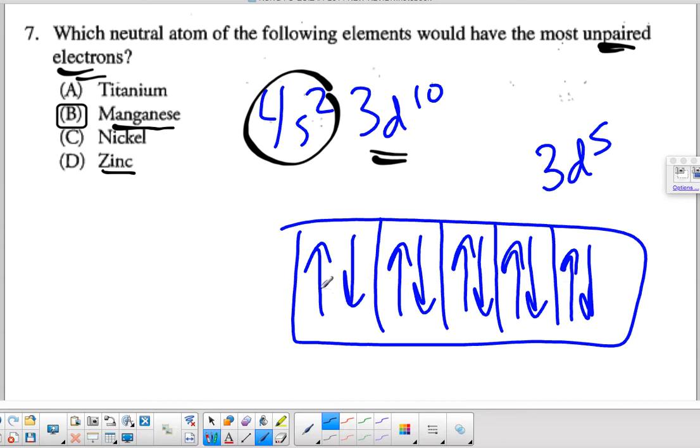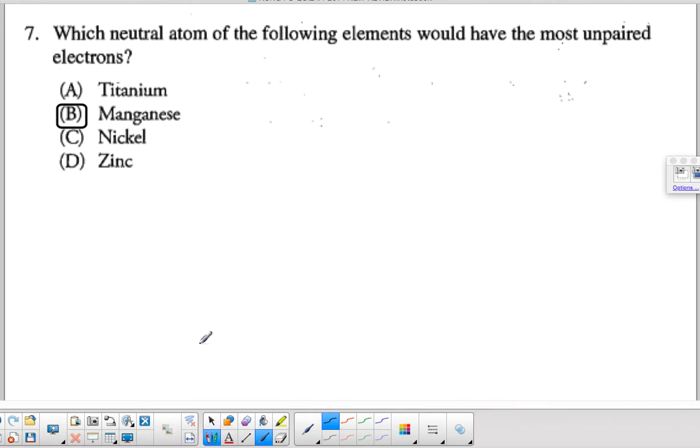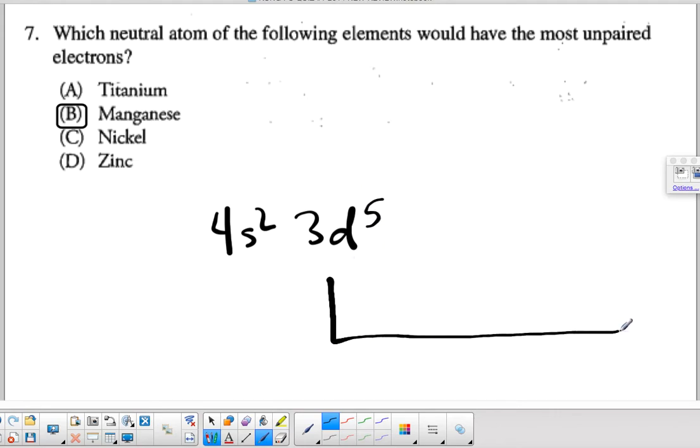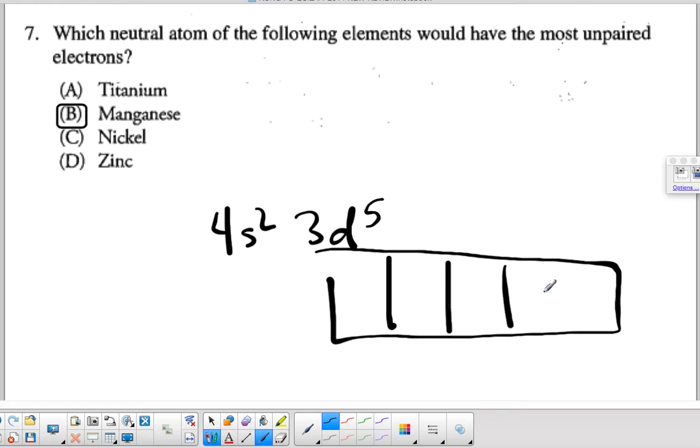So when we look at manganese, when you go to write out the electron configuration for manganese, it should be 4s2, 3d5. So when I go to do this, it's a horrible drawing, but you get the idea.